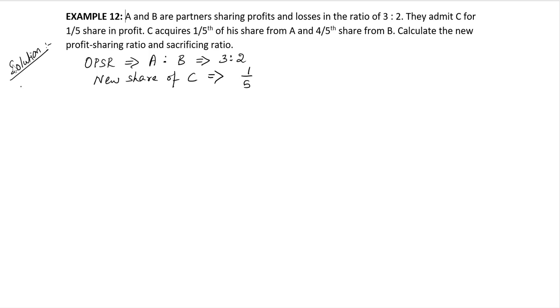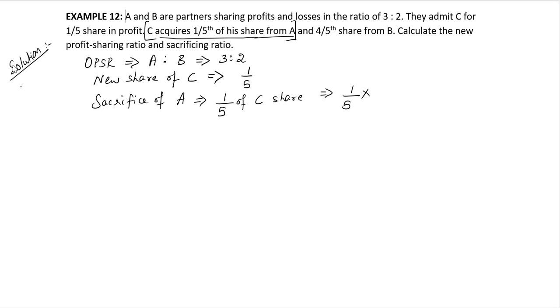It's given that C acquires 1/5 of his share from A. So, sacrifice of partner A is equal to 1/5 of C's share. In other words, it's 1/5 multiplied by 1/5 or 1/25.